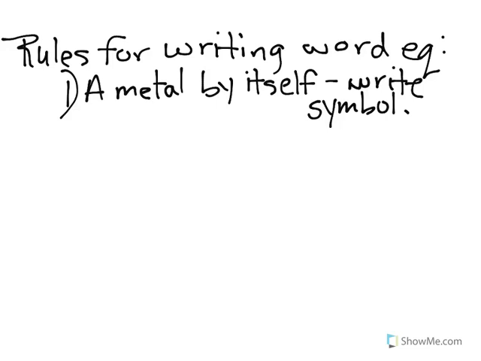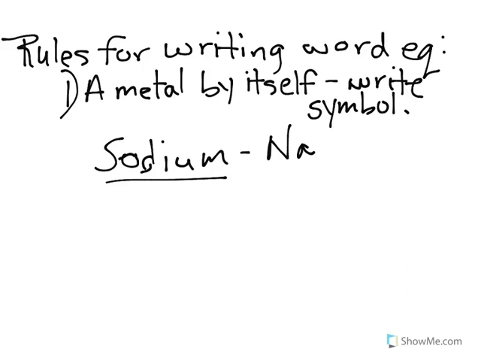So when I'm talking about a reaction involving sodium, when I go to write that in my equation, sodium is just going to be Na. Now if it says something like sodium nitrate or sodium phosphate, that's not sodium by itself. That's sodium with something else. But if it just says sodium metal or magnesium metal or copper metal, if it's just that by itself, you just write the symbol for it. So that's one of the rules.